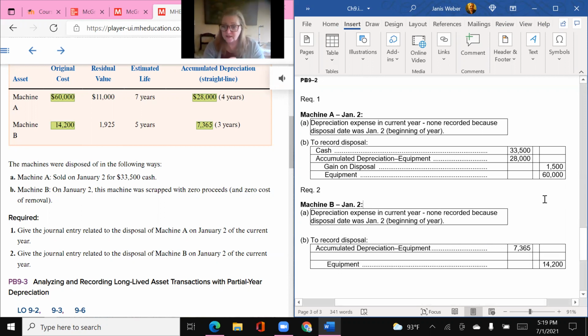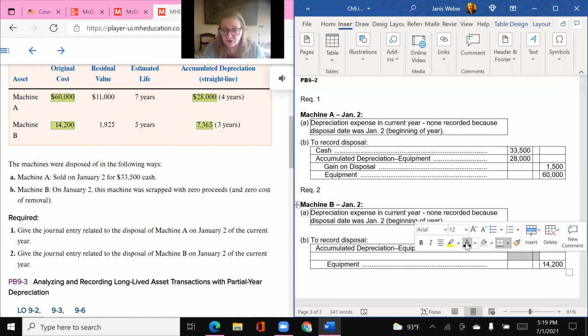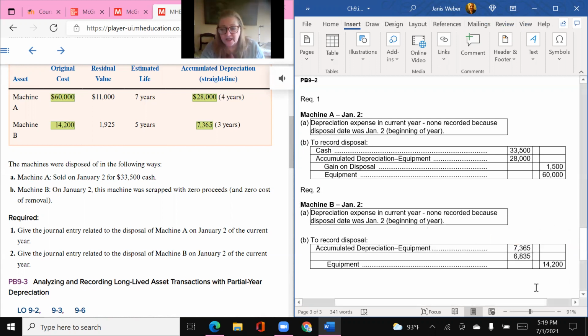So looking at the entry, I see that I have a debit of 73.65 and a credit of 14.2. I need another debit to make this journal entry balance, don't I? $6,835 debit. So looking at that, the only thing I'm missing, since it's a scrapped asset, is: is it a gain or loss?